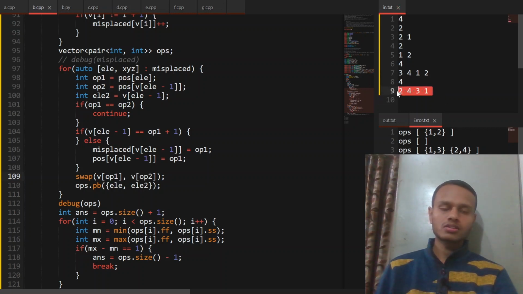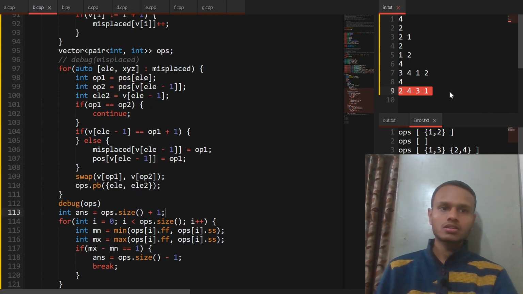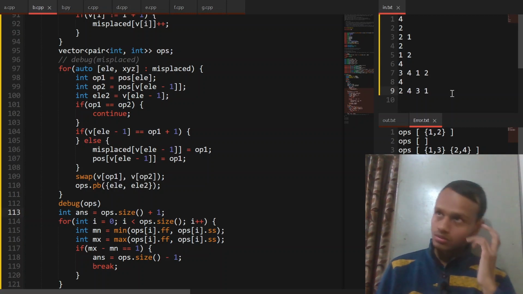Actually, this logic is incorrect because I'm swapping 1 and 2 and it's more of a coincidence, I think.